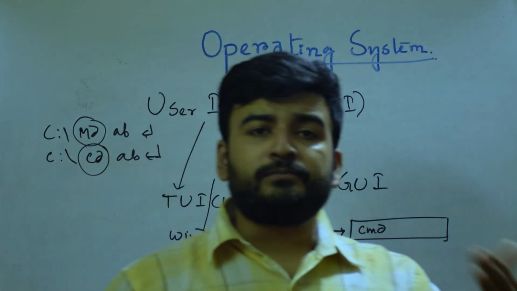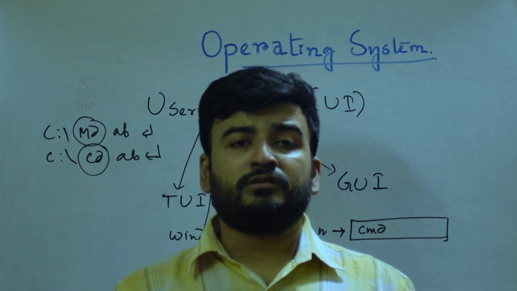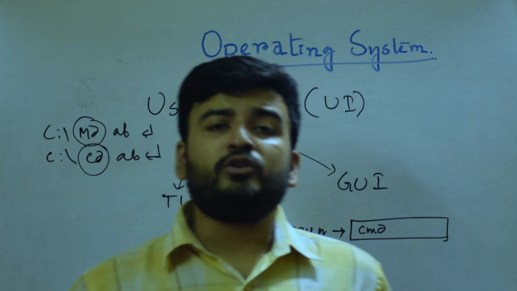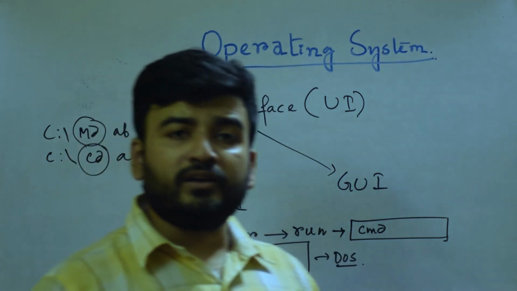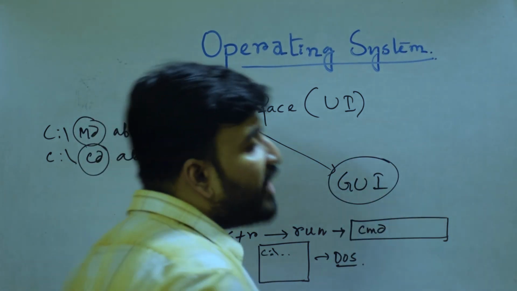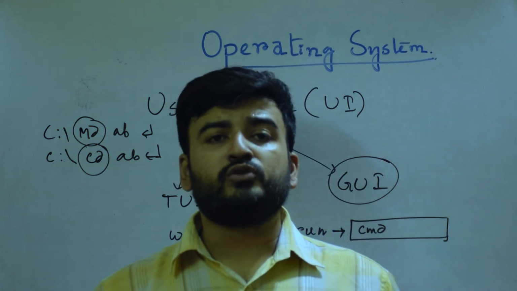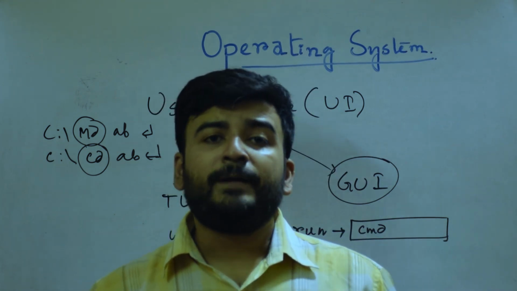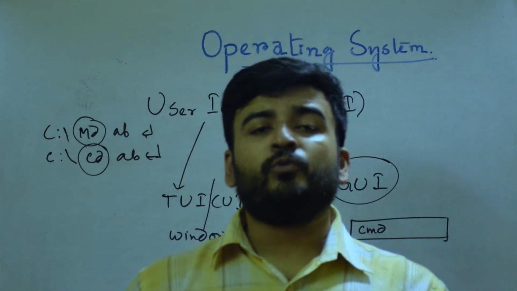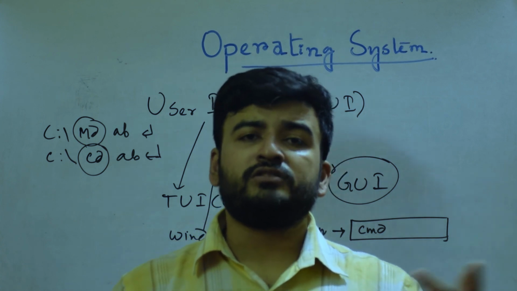But somebody who doesn't know about computer commands is not in touch with them, right? So that's why these are not user friendly interfaces. Most modern computers use the graphical user interface. You know that the Windows operating system is also a graphical user interface, where we can easily click by using the mouse. If you want to open a particular folder, we just double click or single click.